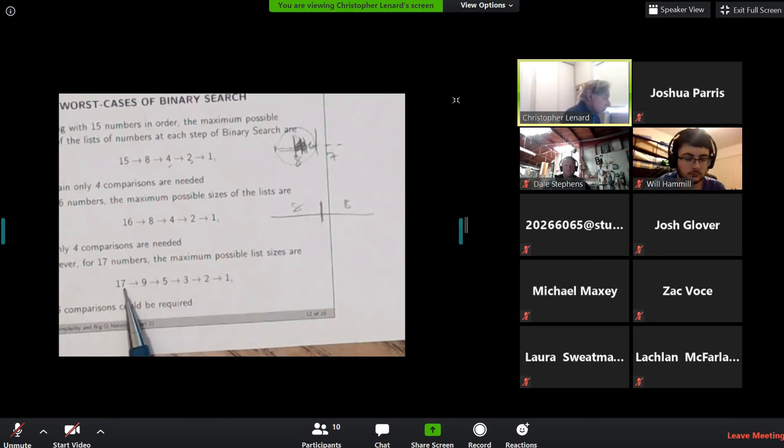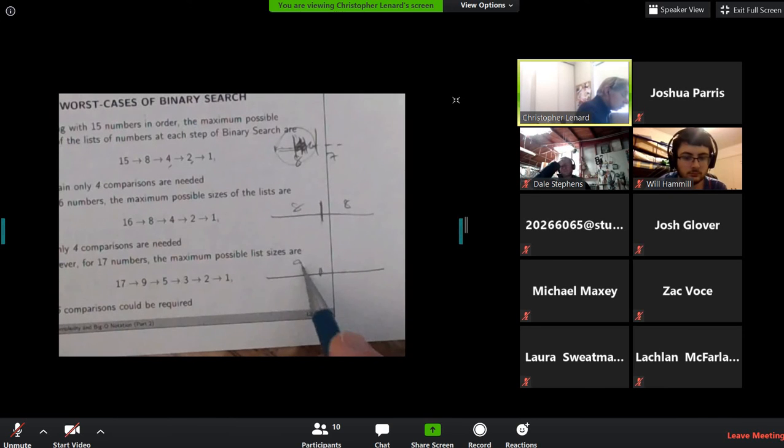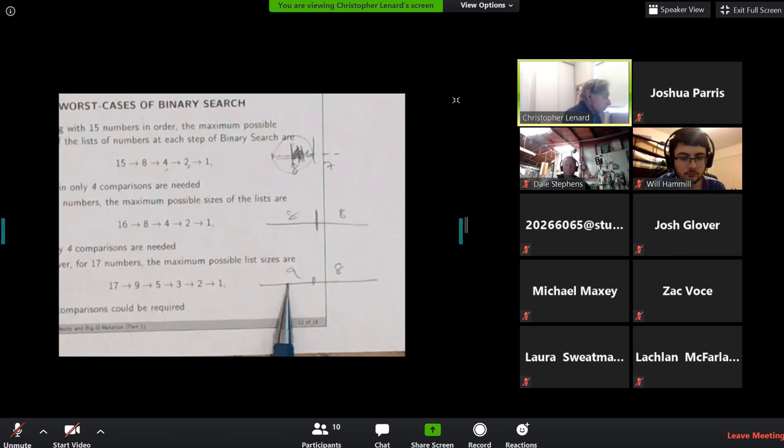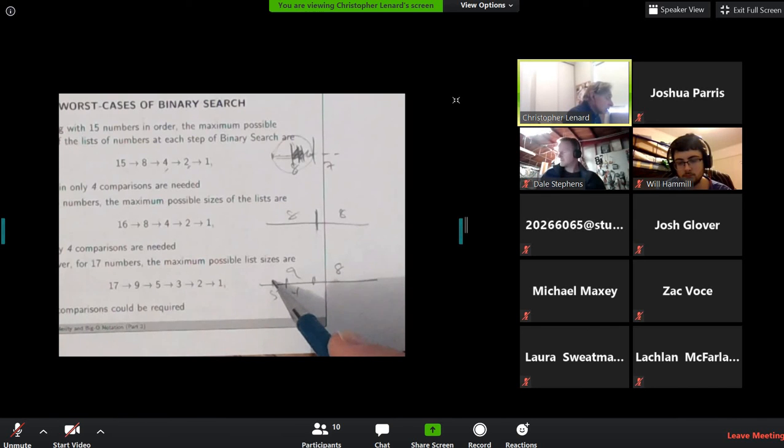What if you had 17? Well, you can't divide it exactly in half. The worst thing that would happen is that you would have 9 in one half and 8 in the other half. And then if you're unlucky enough that your target's in the 9, you might have 5 in that half and 4 in that half. Then if you're unlucky enough that it's in here, you'd have 3 in that half and 2 in that half.